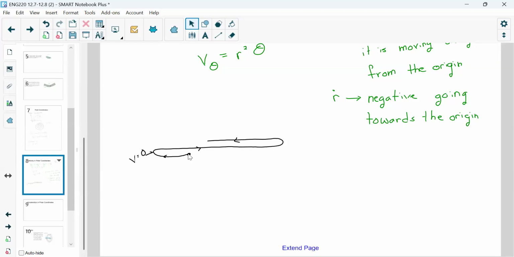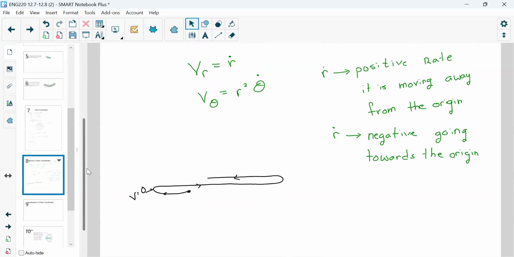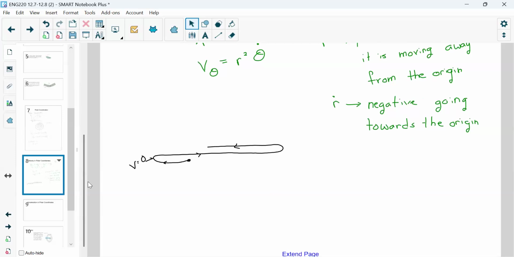Whenever it did that turn, it had to have a velocity of 0. Now what we're saying is when we go through the origin, our velocity is going to be 0. So we go negative, negative, negative. At the origin, the velocity would be 0 because we're at the origin, so we're not moving towards or away. And then it would be positive, positive, positive past that.